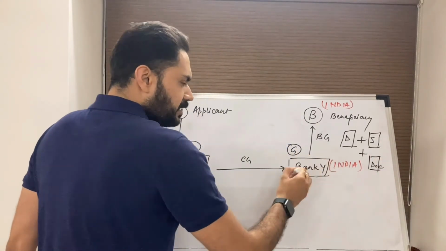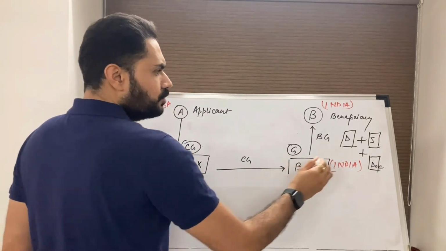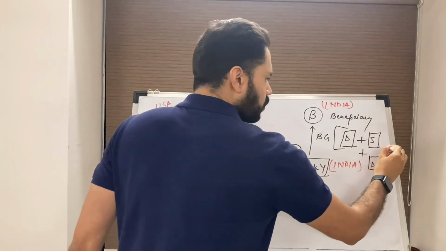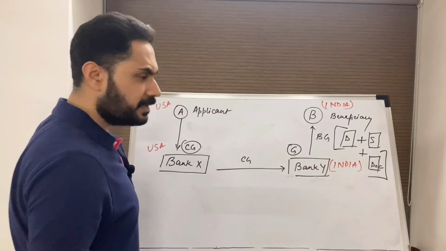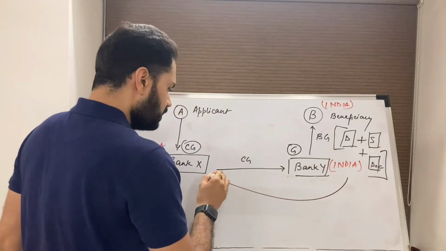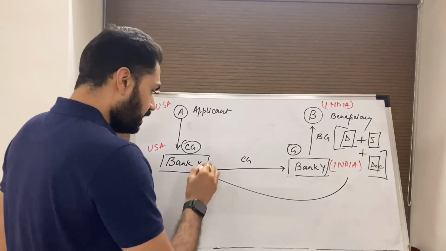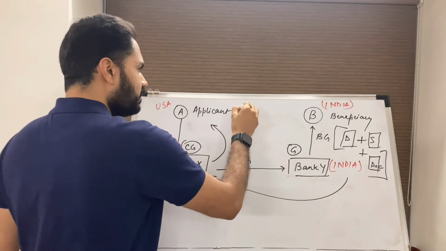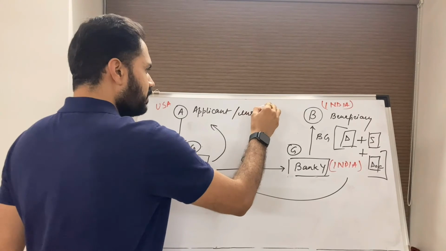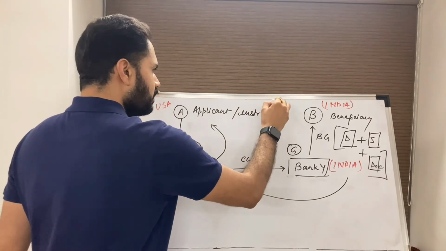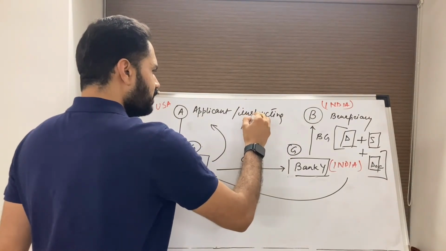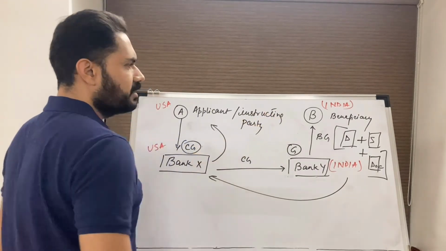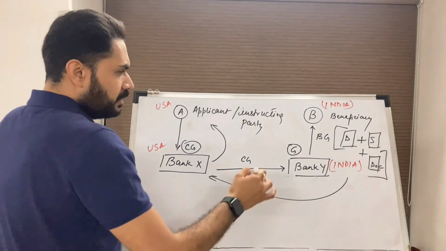The guarantor has to send a copy of this complying demand to the counter guarantor, and then the counter guarantor has to forward this to the applicant or instructing party.